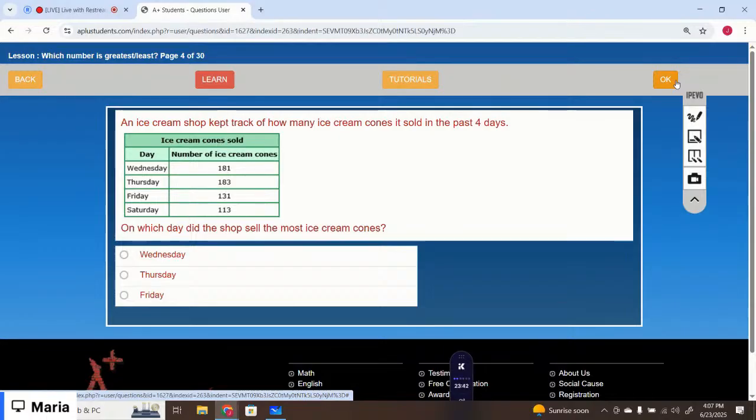The shop kept track of how many ice cream cones it sold in the past 4 days. On which day did the shop sell the most ice cream cones?